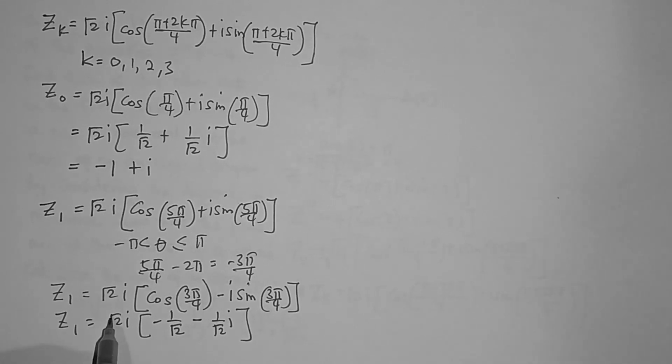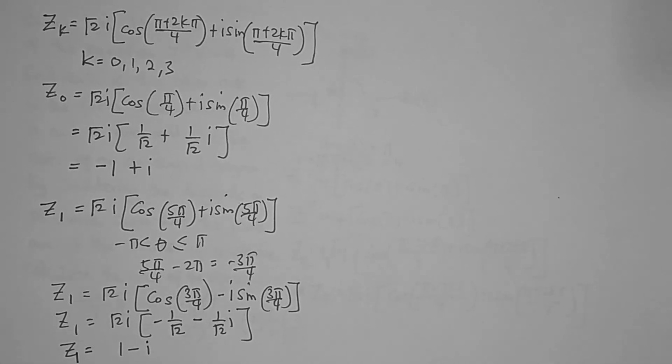So root 2i times minus 1 over root 2 is equal to minus i. And then root 2i times 1 over root 2i will give minus i squared, which is equal to i. And therefore z1 is equal to 1 minus i.